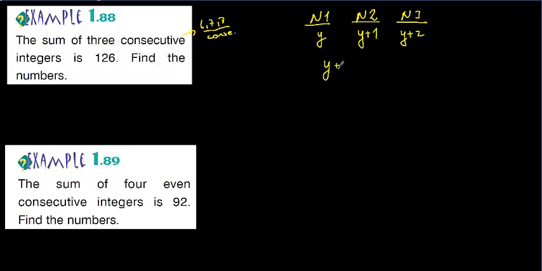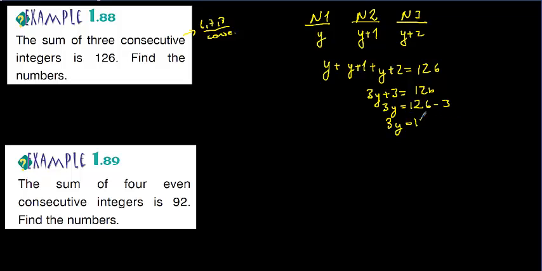So it means that y plus y plus 1 plus y plus 2 is equal to 126. 3y plus 3 is equal to 126. 3y is equal to 126 minus 3. 3y is equal to 123. y is equal to 123 over 3, which is equal to 41.